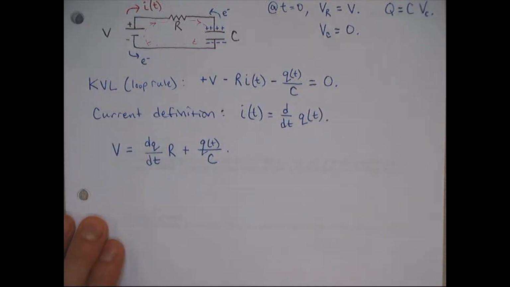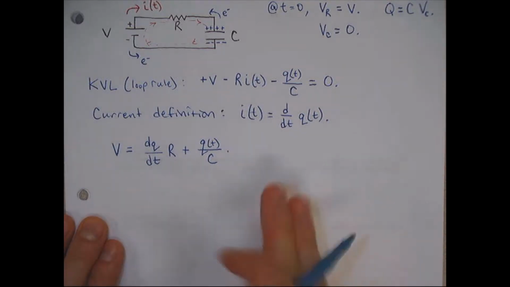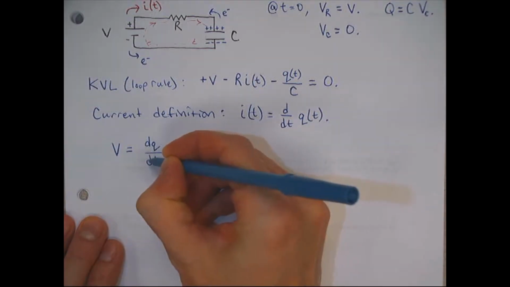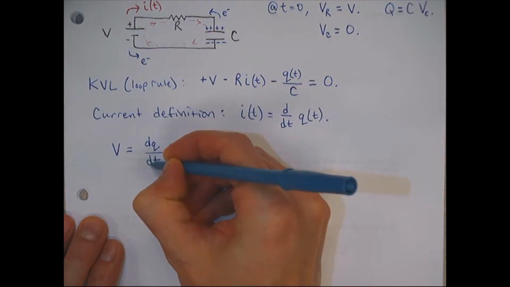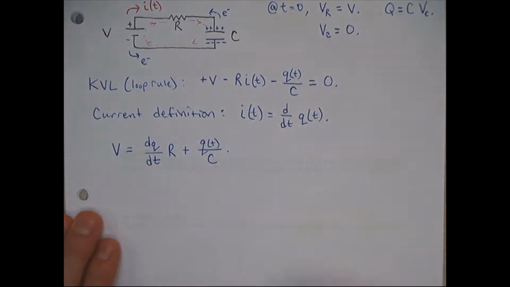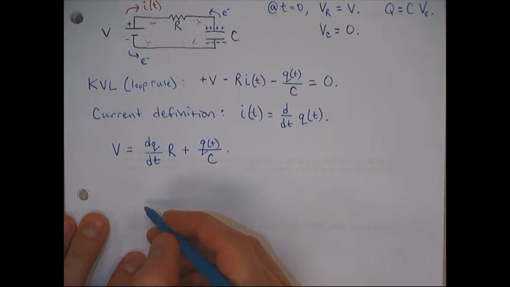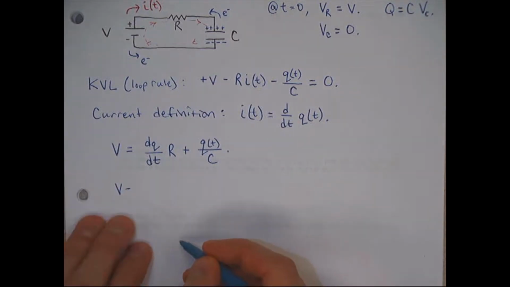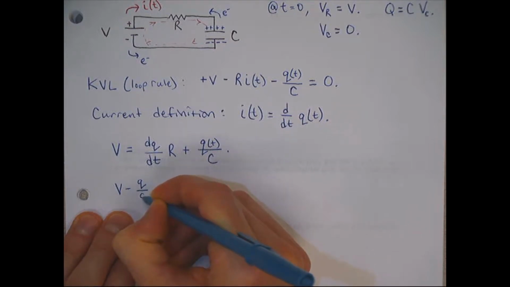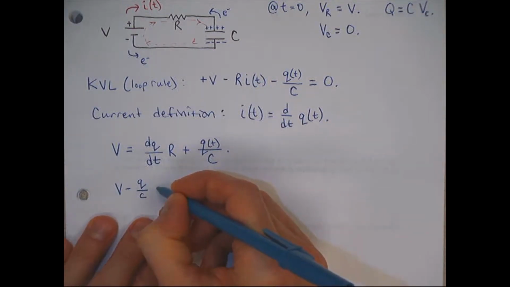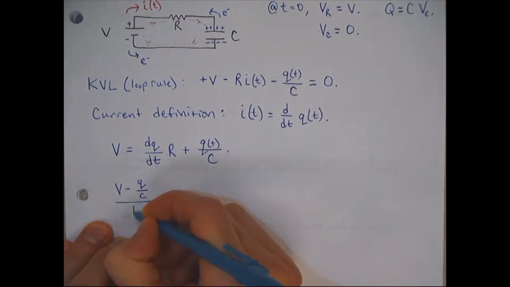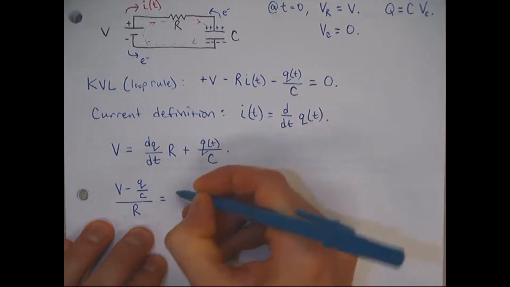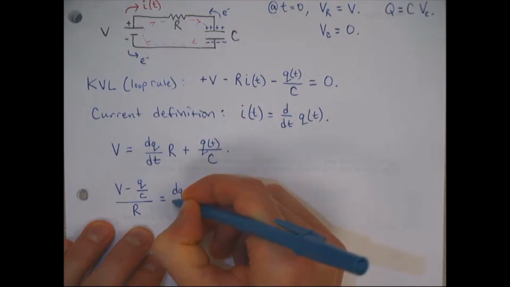All of the items that are either independent of Q or related to time directly will go on the right-hand side. So at first I have V minus Q over C, divided by R is equal to dQ/dt.